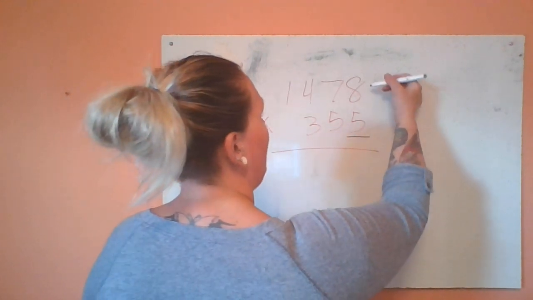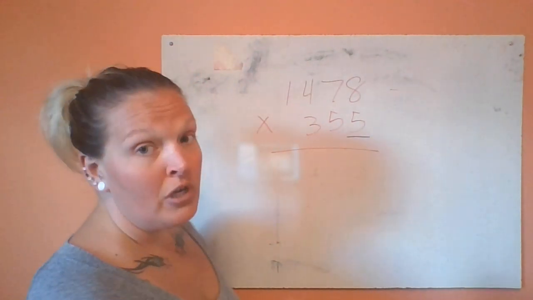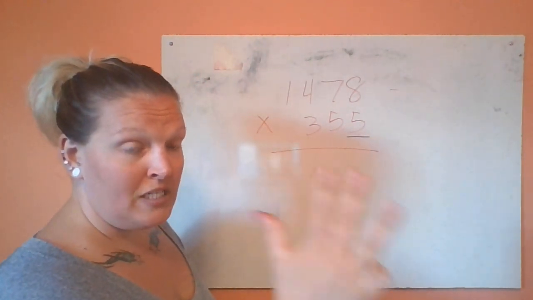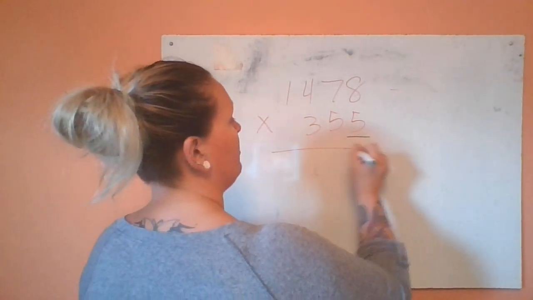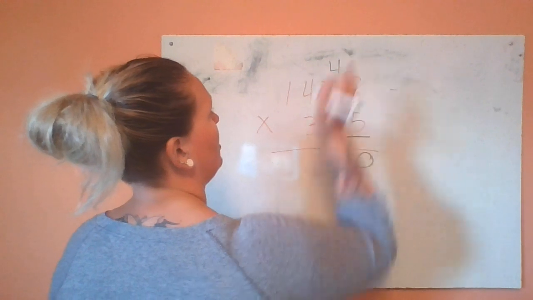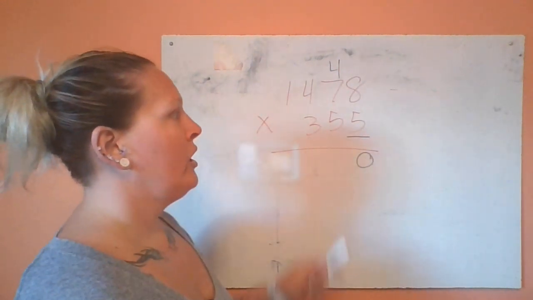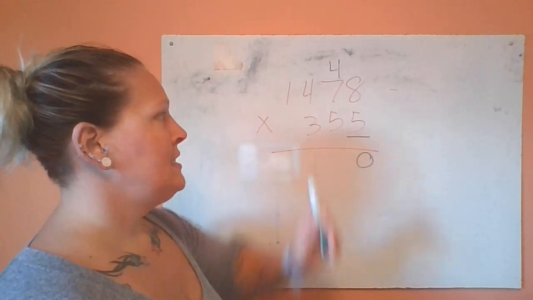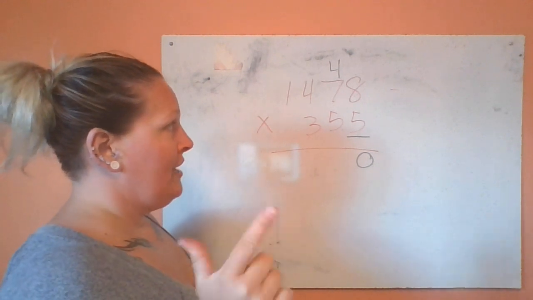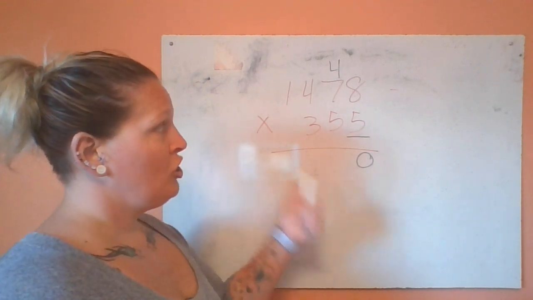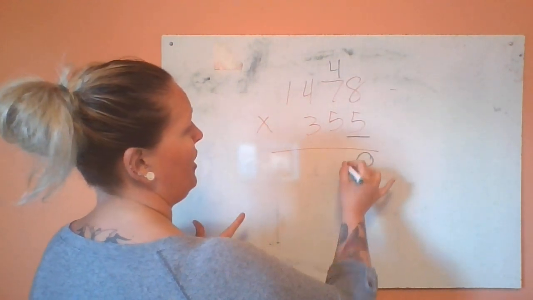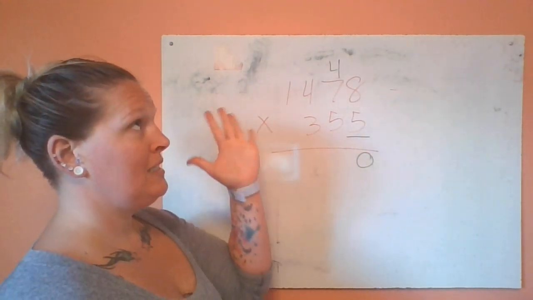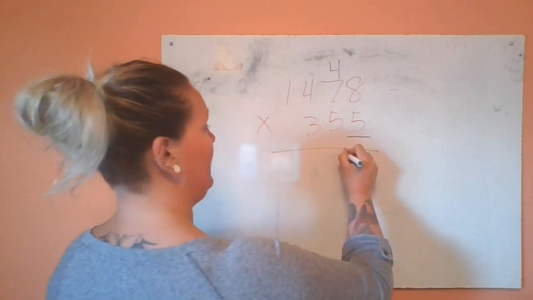So we'll start with 5 times 8, so 5, 10, 15, 20, 25, 30, 35, 40. 0 goes on the bottom, 4 on the top. So let's do 5 times 7: 5, 10, 15, 20, 25, 30, 35, but then I have to add this 4, so it becomes 35, 36, 37, 38, 39.